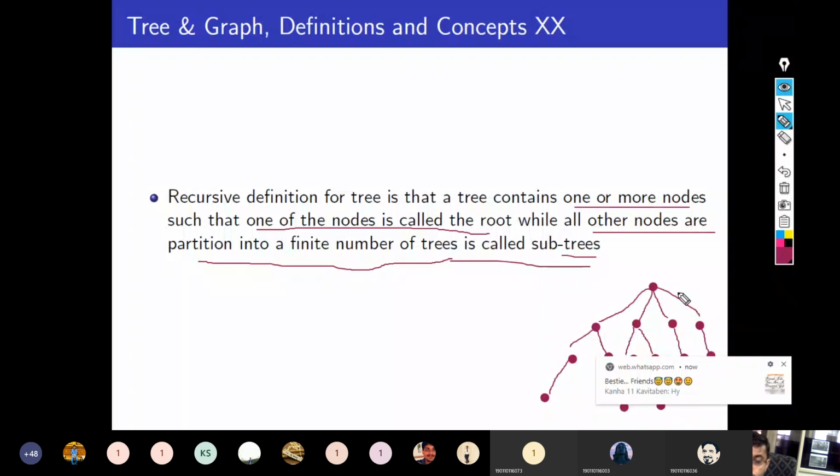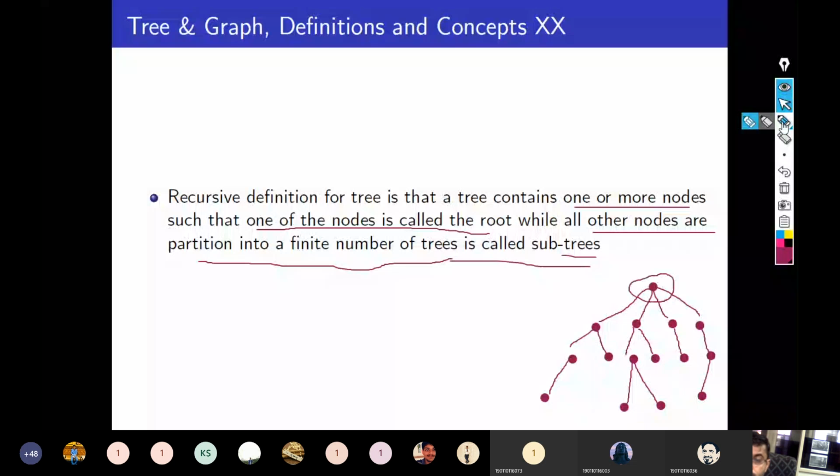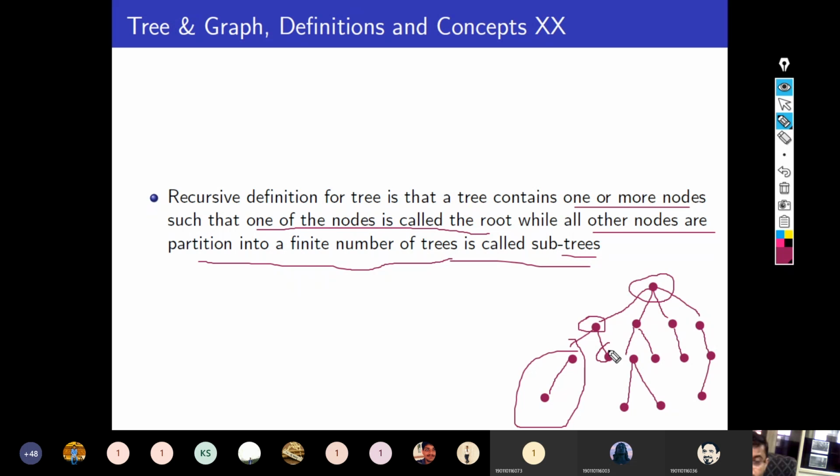One of the nodes is called the root, so this node is the root, right? While all these other nodes are partitioned into a finite number of trees called subtrees. So this node can be partitioned into subtrees, this and this. This node also can be partitioned into subtrees, this and this, in that way, and so on. So this is the recursive definition of the tree.